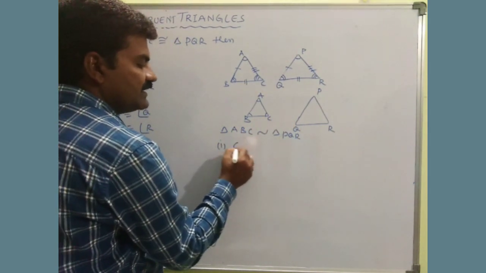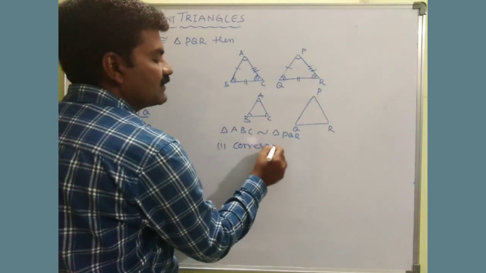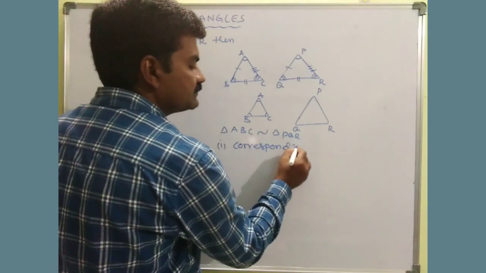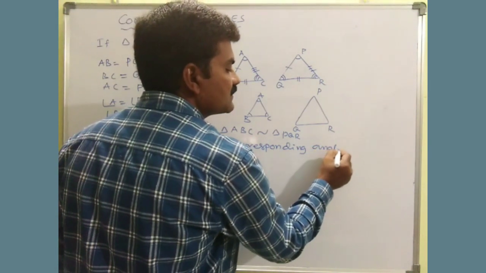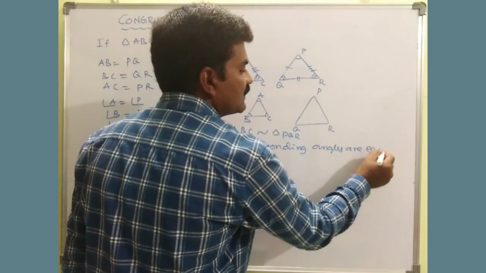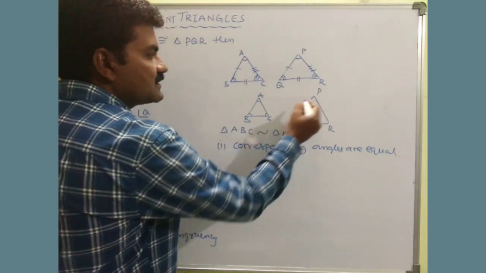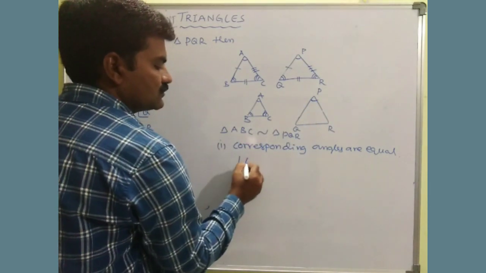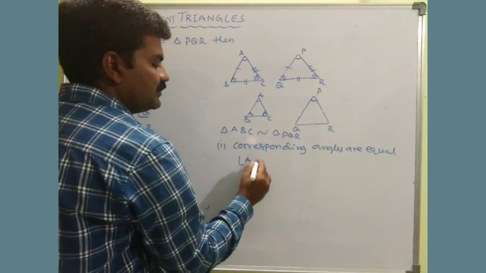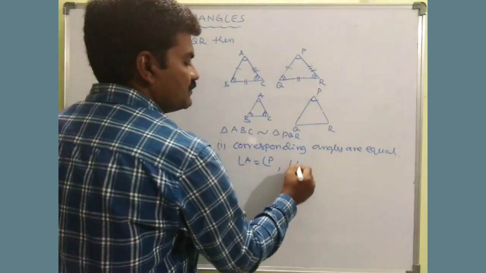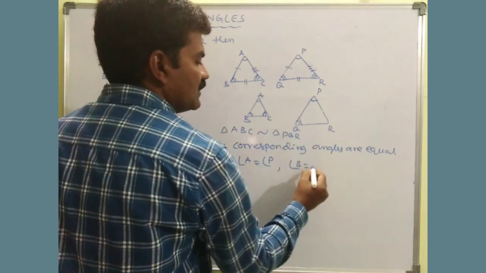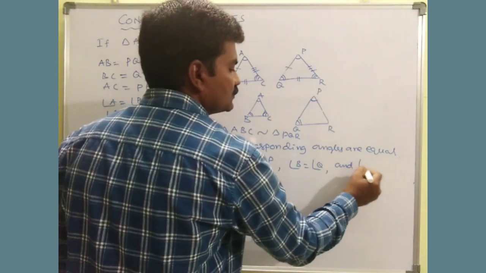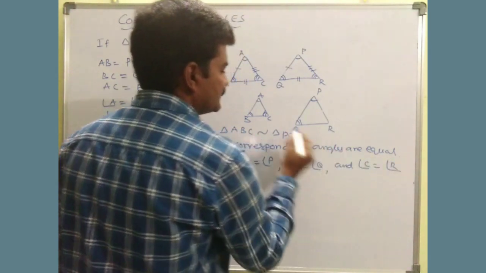Here, my dear, first point is corresponding. If the two triangles are similar, corresponding angles are equal. That means angle A is equal to angle P, angle B is equal to angle Q, and angle C is equal to angle R.